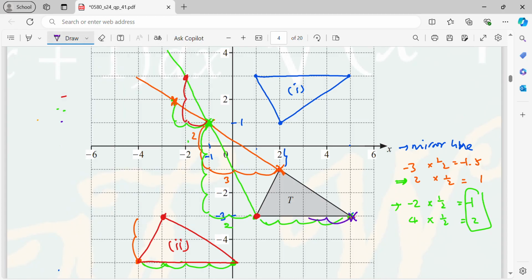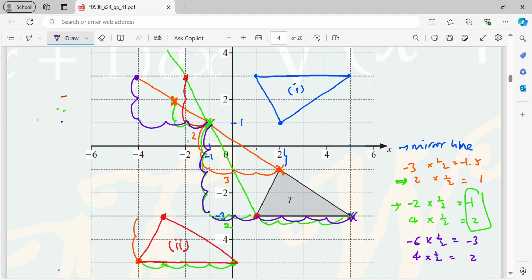So 1, 2, 3, 4, 5, 6. So minus 6. Then after that, 1, 2, 3, 4 up. So you times half, this becomes negative 3, and this one becomes 2. So negative 3, 1, 2, 3. After that, 2 units up, 1, 2. So it is on the orange line.